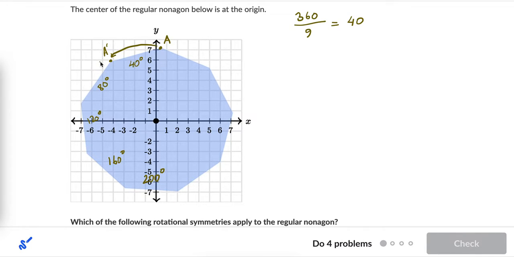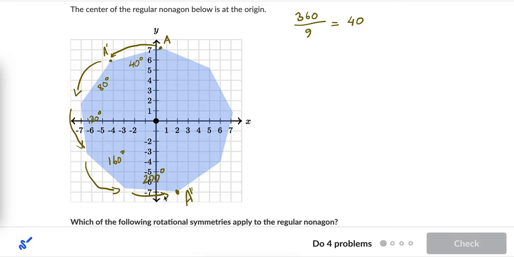So there's our 200 degrees. And so right here would be our 200 degree rotation, right? Our A, well, let's call it A double dash. Okay, so that would be your 200 degree rotation around the origin, right?